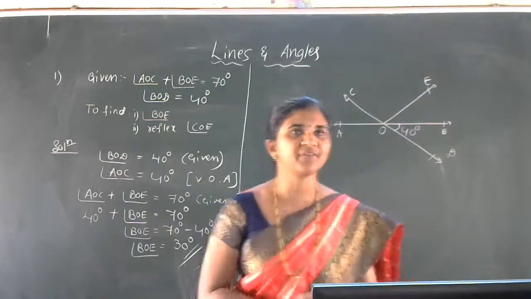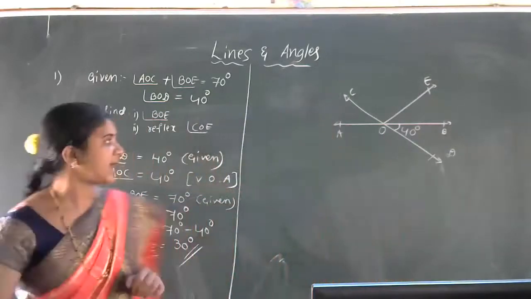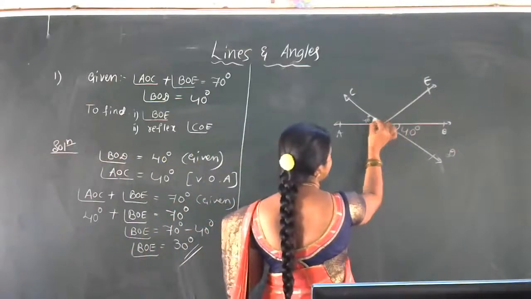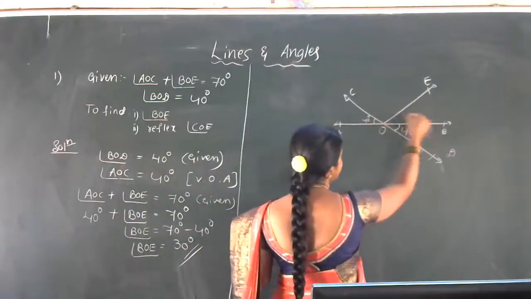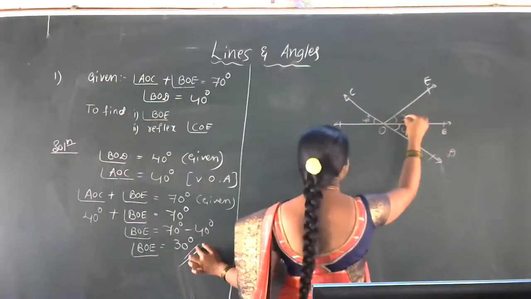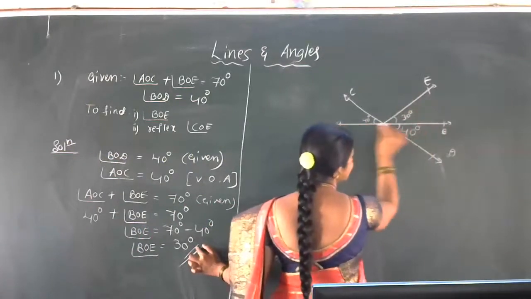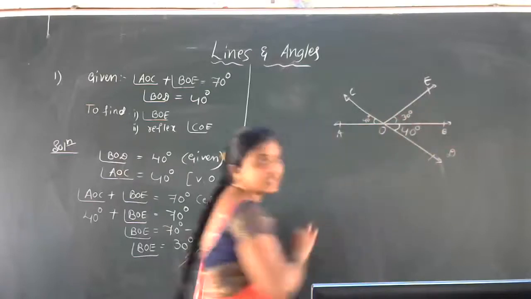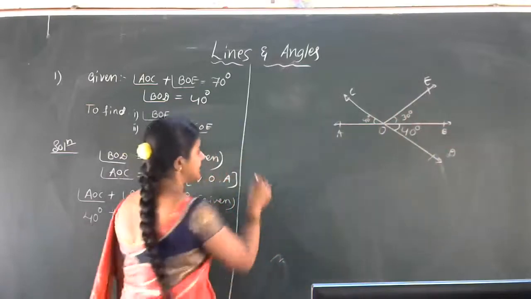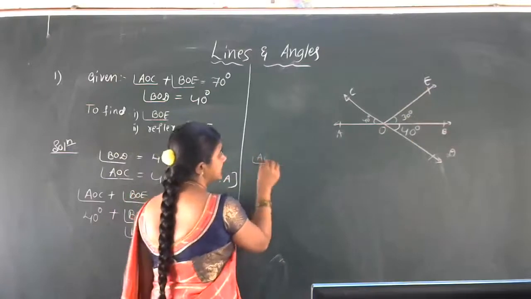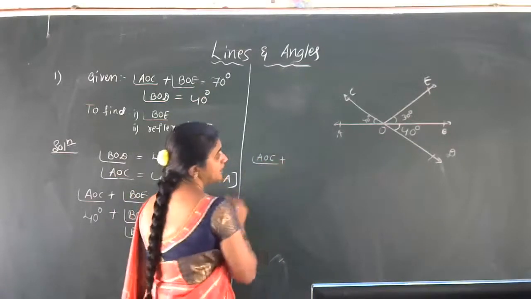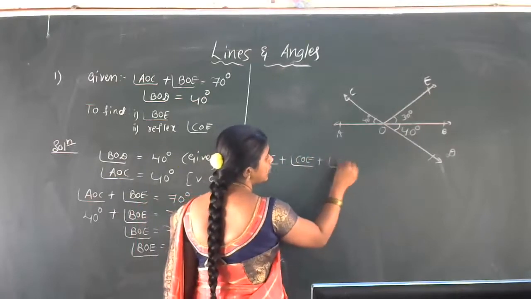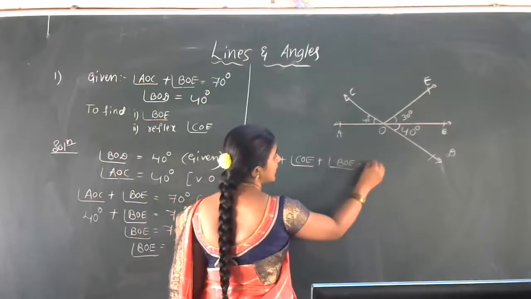How to find angle COE? You got that this one is 40 degrees in the figure. Now in the calculation, you got this one as 30 degrees. So can we use the linear pair concept? AOB is a line. Yes, we can use the linear pair concept, that is, AOC plus COE plus angle BOE is equal to 180 degrees.